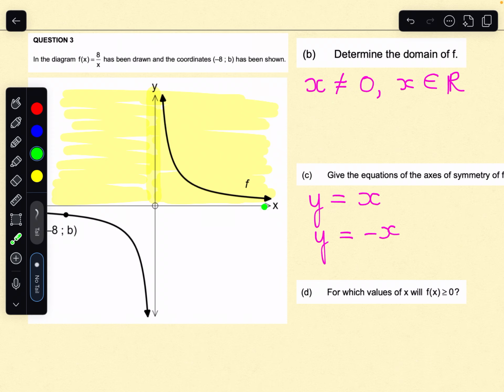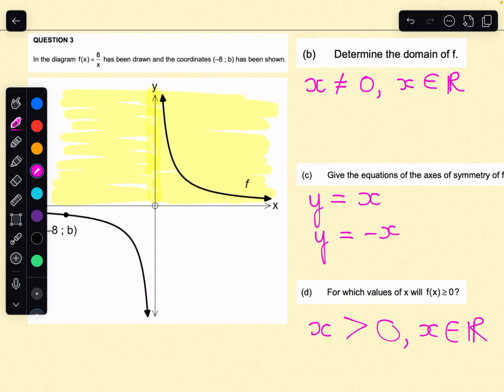Well, it's going to be these x values right here that give us this part of the curve, and that is x greater than 0. Right. I don't know if you have to say x is an element of real numbers, but we'll just put it in anyway.